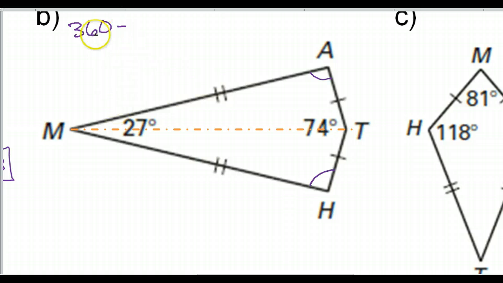If we subtract from 360, minus 74, minus 27, that is going to leave 309. Wait, I messed that up. Minus 27 minus 74. That leaves 259.